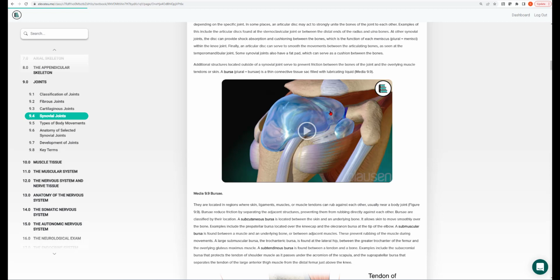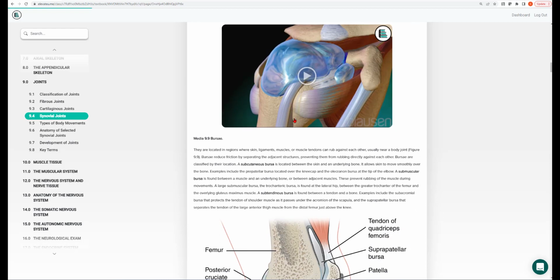They are going to be found in the joint structures. They're going to help protect the joint from the rubbing of the tendons and of the muscular structures around the joint. The bursa can get infected, in which case a person would have bursitis, right? Bursitis, inflammation of the bursa, which is quite an uncomfortable, painful condition.